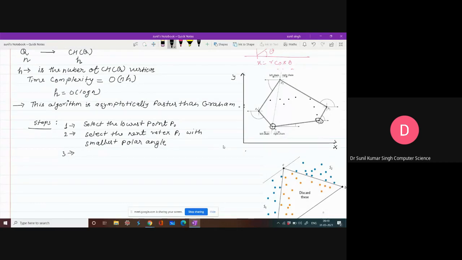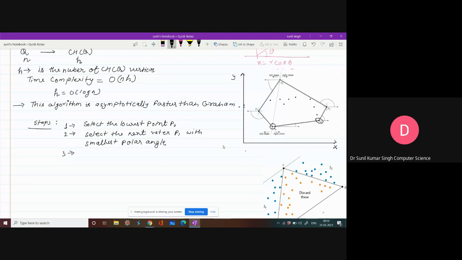Now select the next point which has the lowest polar angle with respect to P1. In the previous step, we selected a point with the smallest polar angle with respect to P naught. Now with respect to P1, we have to select the next point P2, which has the smallest polar angle with respect to P1.